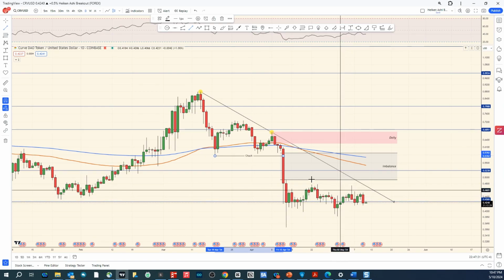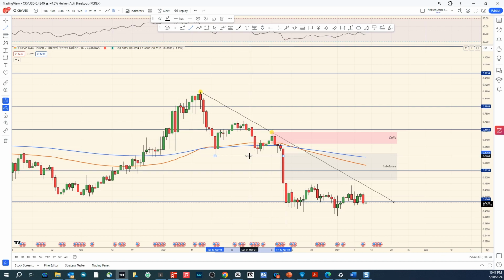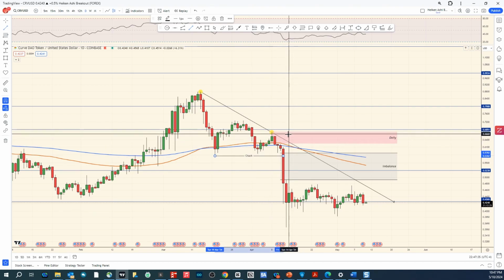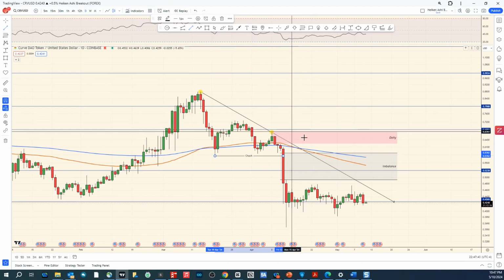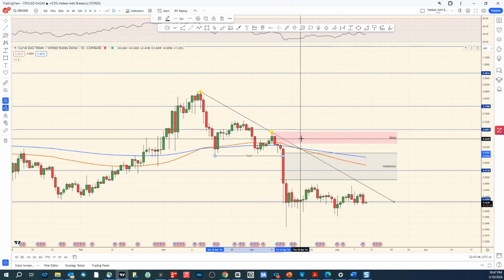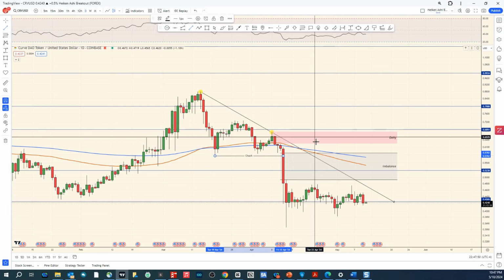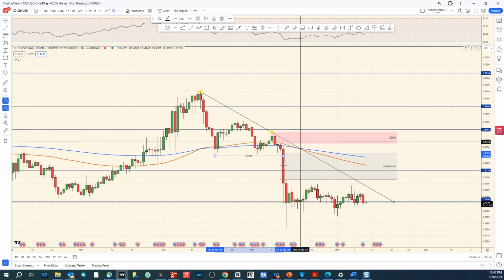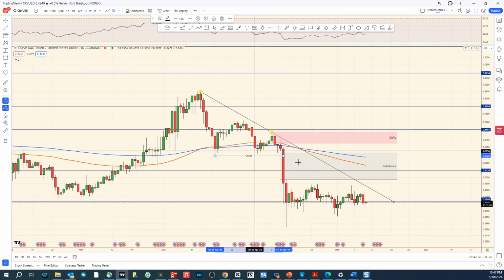So we have our change of character, which with all my selling and buying levels, I need to have a change of character or a break of structure with an imbalance. So this is viable, for me, with my trading strategy, this is a viable daily selling zone right here, because it has this imbalance and it has a nice change of character here.